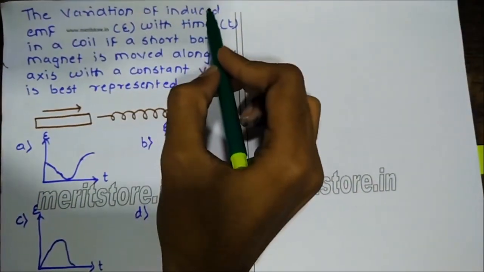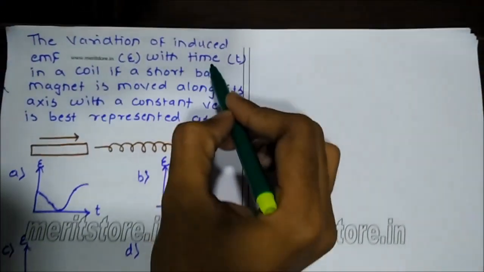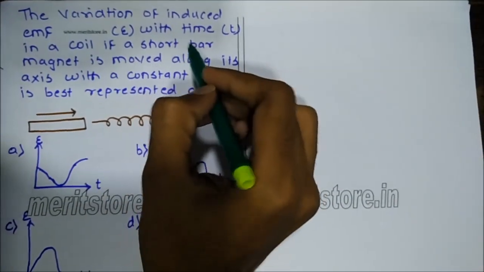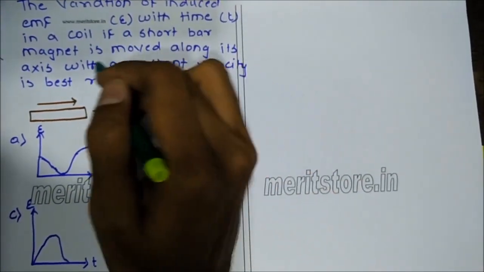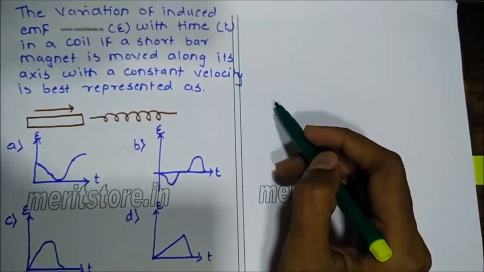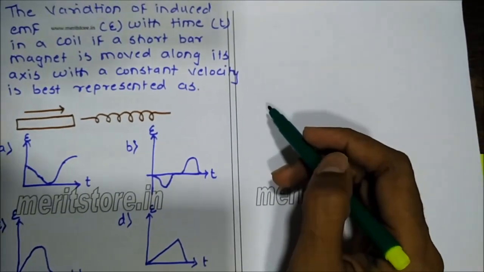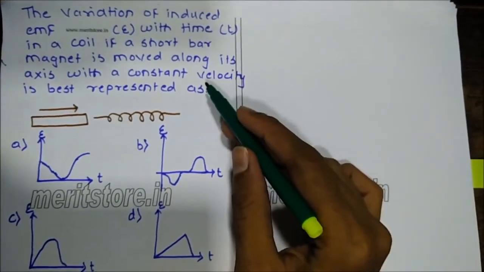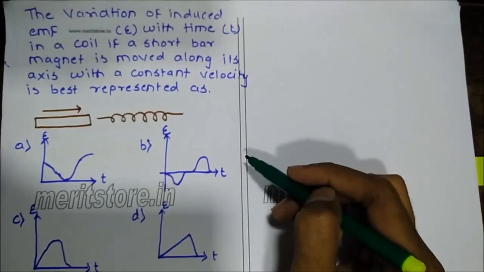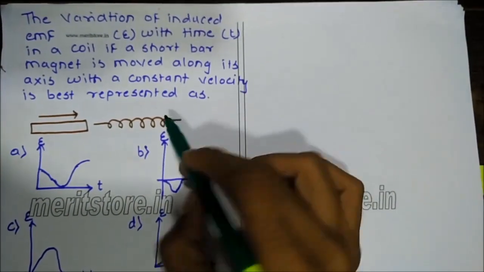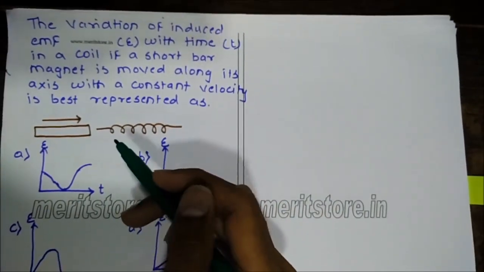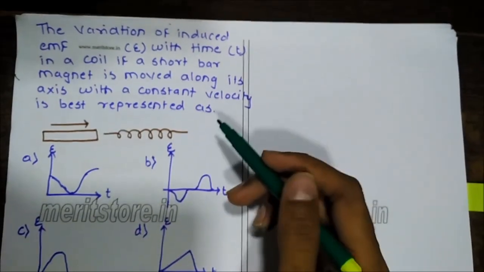The variation of induced EMF E with time t in a coil, when a short bar magnet is moved along its axis with a constant velocity, is best represented by which graph?